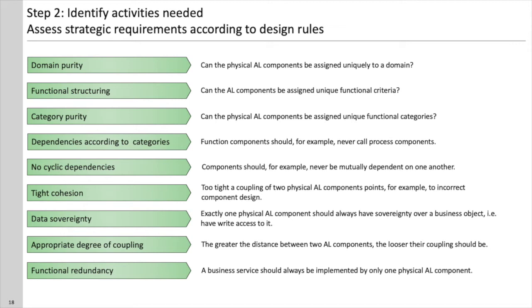You see: no cyclic dependencies, tight cohesion, data sovereignty, appropriate degree of coupling, functional redundancy. All these aspects that we defined of how they should look in an ideal may lead us to defects and necessary activities to be taken, activities needed from a strategic, IT-driven point of view.